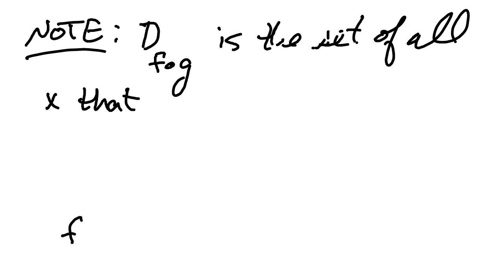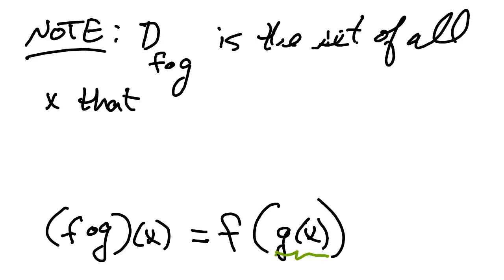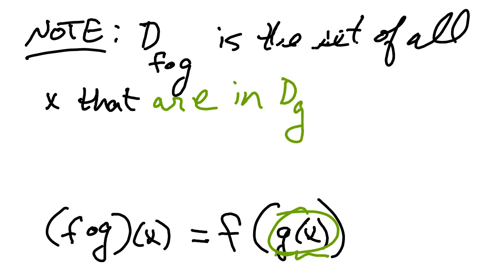Let's write that down. f composed with g evaluated at x is f evaluated at g of x. What I do first is what's in the parentheses. I do the g first. So the x's that I can plug in have to be able to be plugged into g. So it's a set of all x's that are in the domain of g.